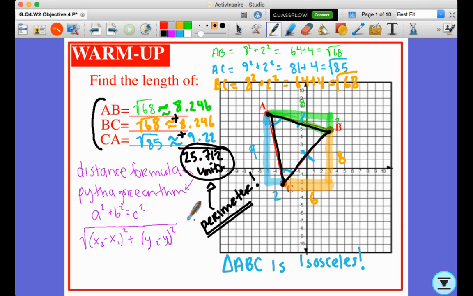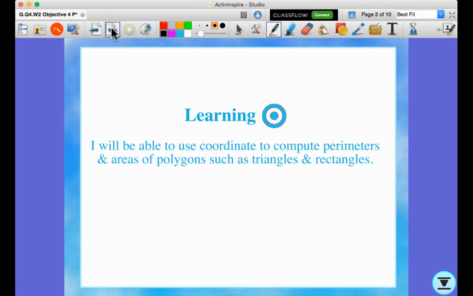So in this lesson, we are going to build on what we already know about finding length and working with different 2D shapes on a coordinate grid to determine some important information. To restate that, we're going to be using coordinates to compute perimeters, we almost just did that, and areas of polygons, so of closed 2D shapes.